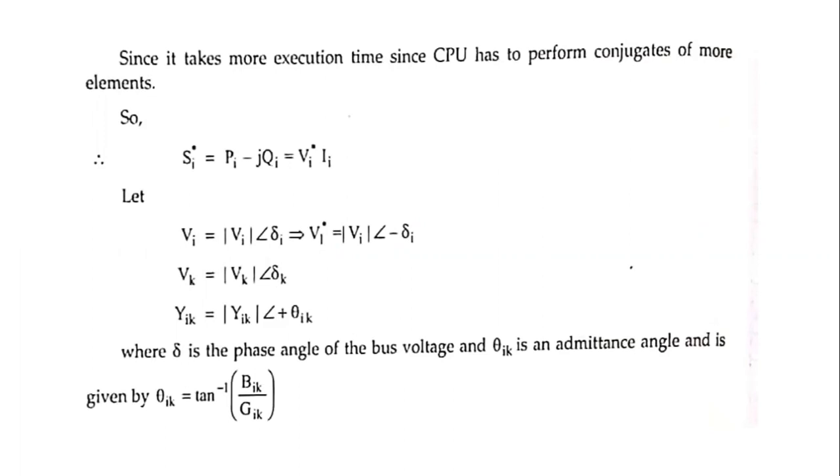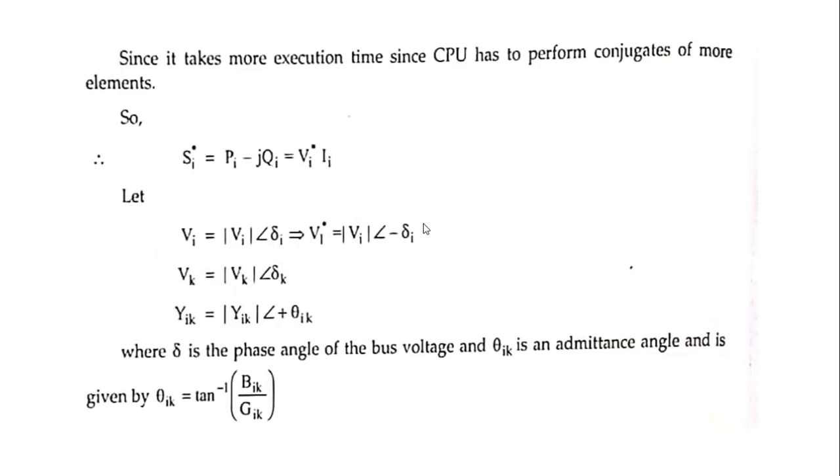Then Si conjugate is equal to Pi minus jQi, that is equal to Vi conjugate into Ii. Let Vi be Vi at an angle of delta i. Then Vi conjugate means Vi at an angle of minus delta i.